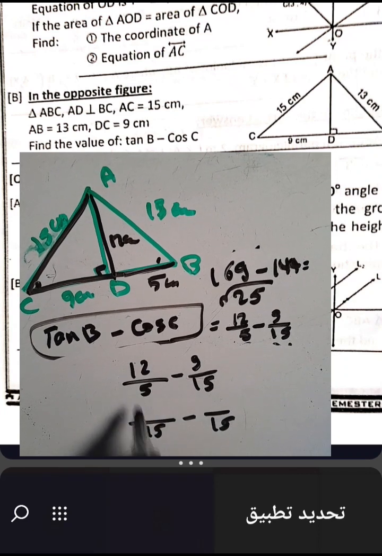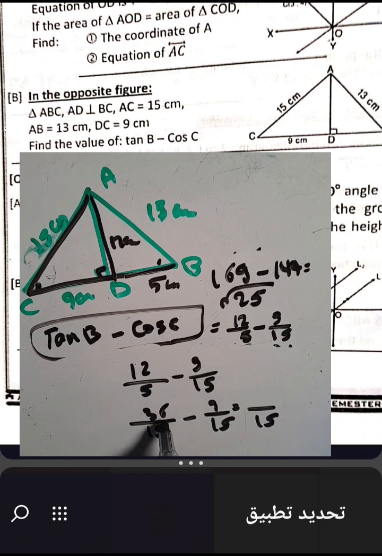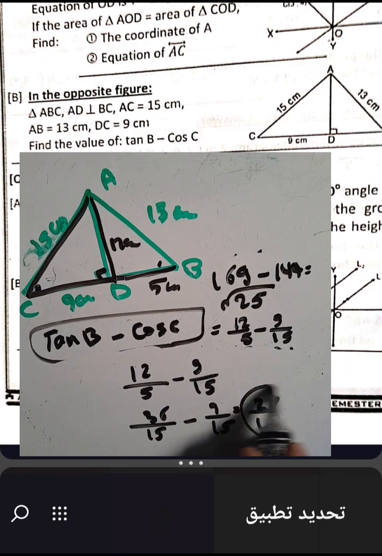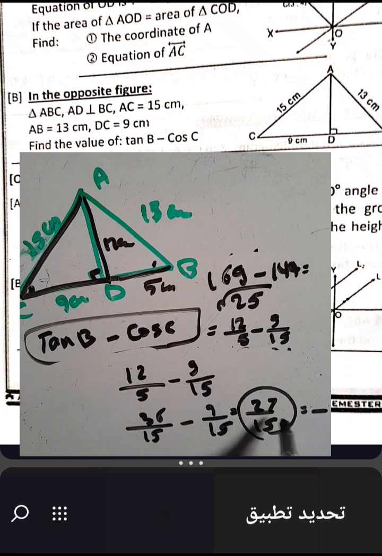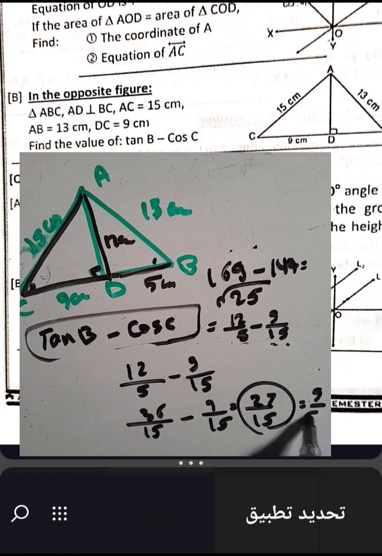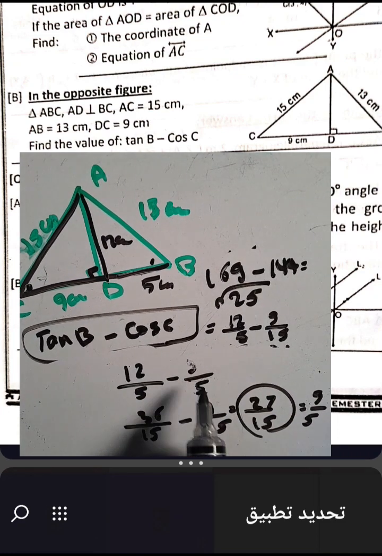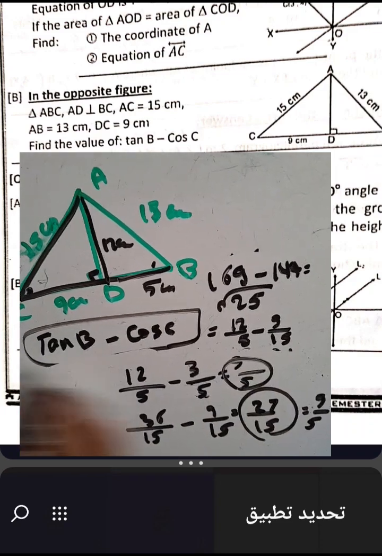Here times 3 equals 36 and here 9, with 15 in the denominator. 36 minus 9 will be 27, so the result will be 27 over 15. You can simplify it by dividing by 3. It will be 9 over 5. It's an exact number.